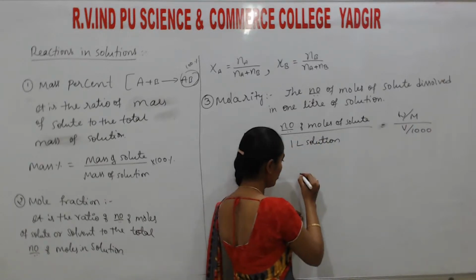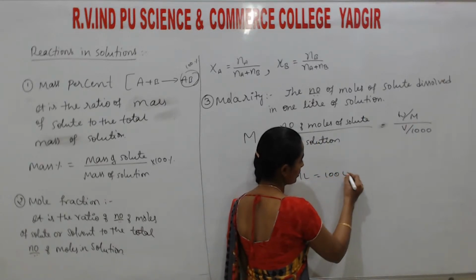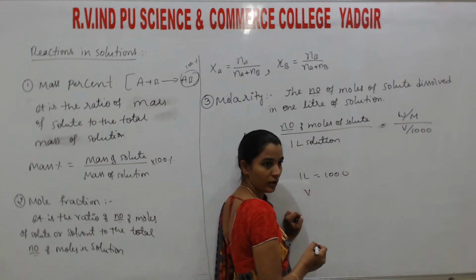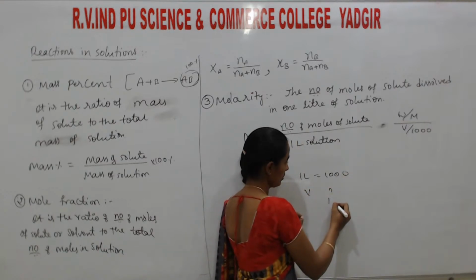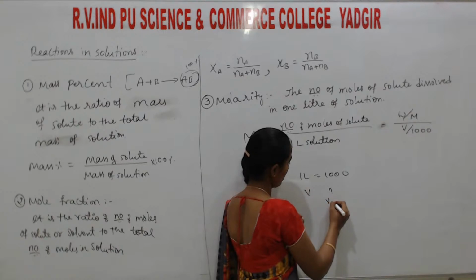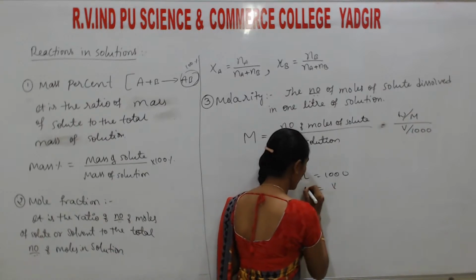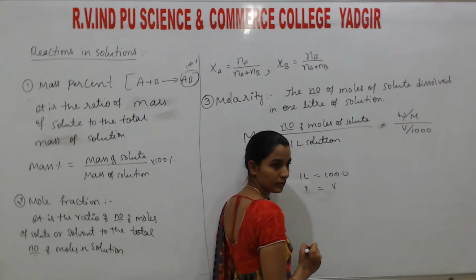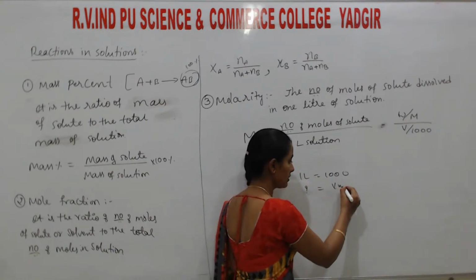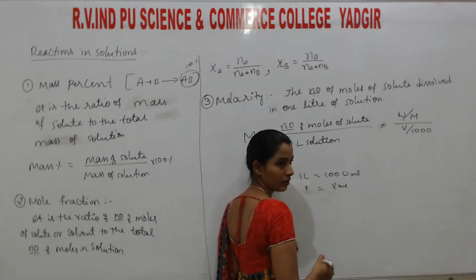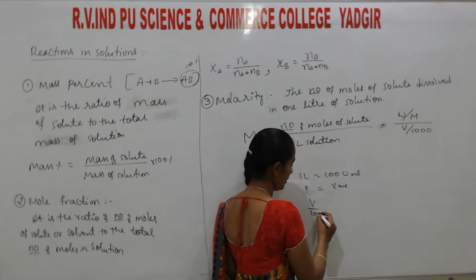You know that. You know 1 liter is equal to 1000 ml. Given ml is V. We have to convert it into liter. V ml is there, assume. Okay, then this is V divided by 1000.